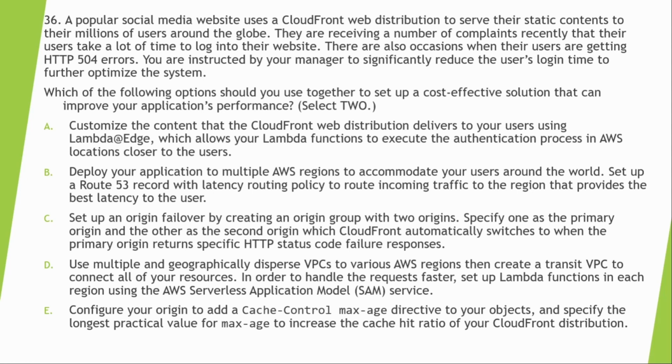Now, why is this incorrect? Okay, fine, you can set up multiple VPCs across various regions, and a transit VPC is also valid, but it will still require a lot of setup and maintenance, and a cost effective option is required. So the best is to use Lambda@Edge.